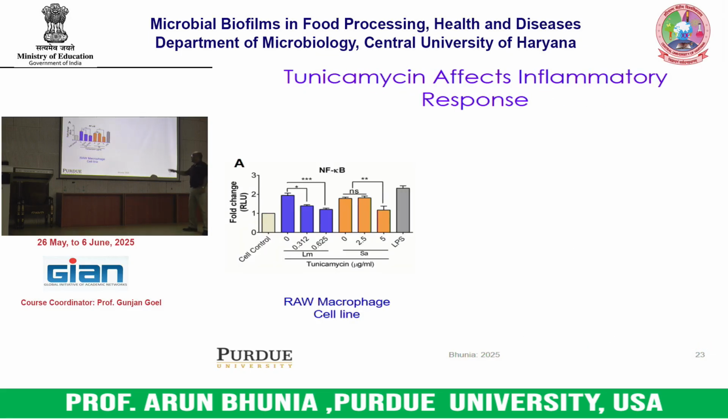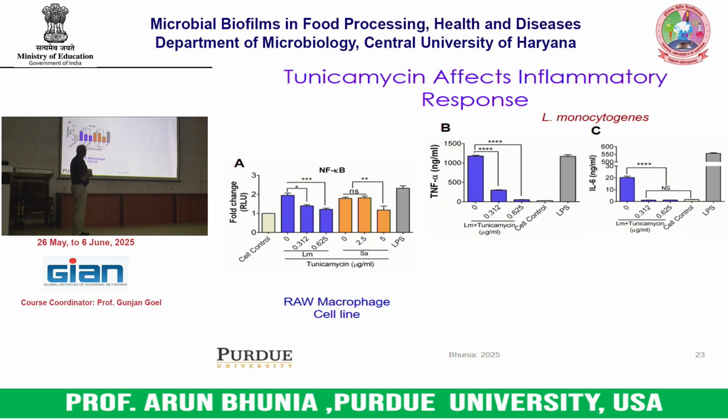Okay, there are a number of ways you can prove whether this is affecting their virulence or pathogenesis. This is another way: you can see if they regulate certain inflammatory pathways, and obviously you will see decreased cytokine production. Like I said this morning, inflammatory cytokines TNF alpha and IL-6 levels also decreased significantly because they are not infecting at that level.